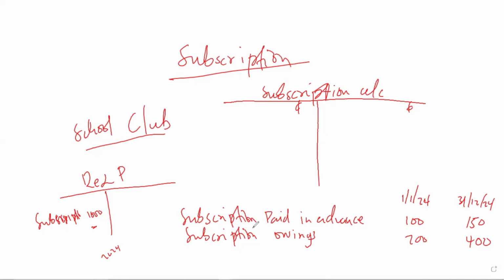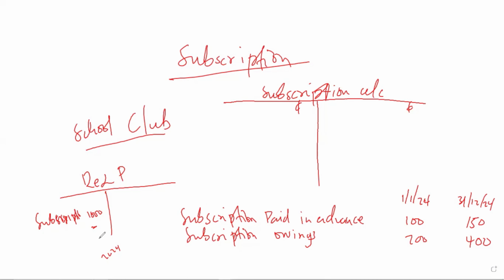But as soon as you see subscription paid in advance or subscription owing, it means that the 1,000 received in 2024 is not all for 2024. You have to open a subscription account and make some adjustments and know the exact amount that is for only 2024, and it will be transferred to the income and expenditure account.